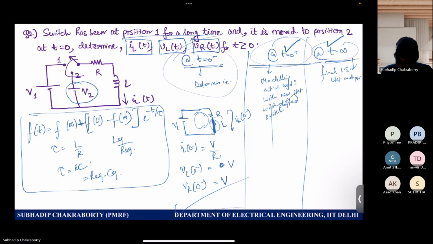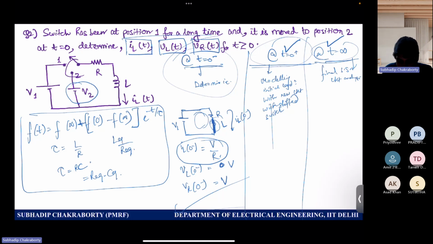Now next step. You know that the current through the inductor is V by R. Now draw the new circuit with the modeled initial condition. Can anyone tell me how do I draw the new circuit? Because the switch position has shifted to 2, the circuit has changed, but I need to also embed the initial condition.